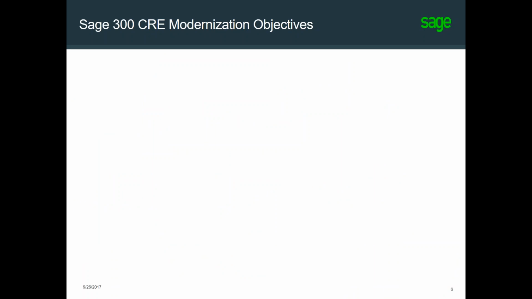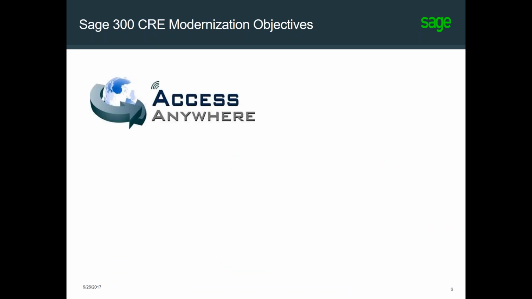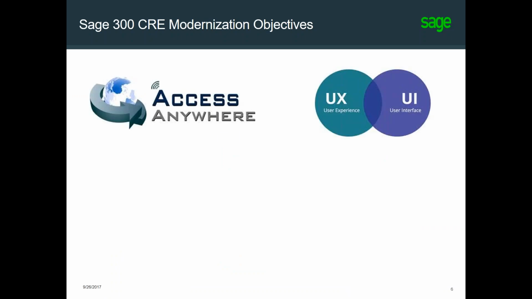So the modernization objectives here. The idea is to give us access anywhere, so to take everything to mobility. Also to update and change the user experience as well as the user interface. So with mobile projects today, you will see what those new look and feels for those UIs are, okay?